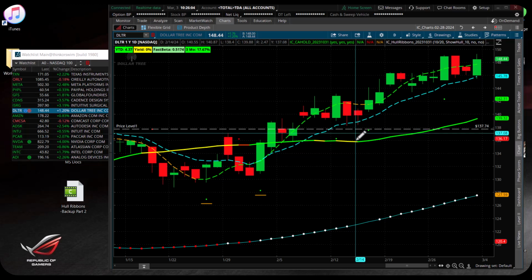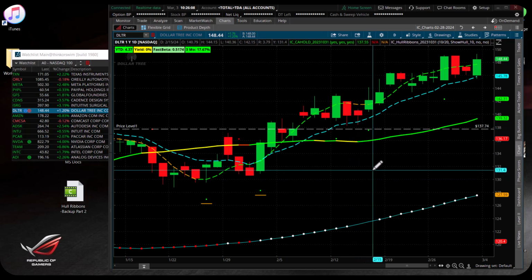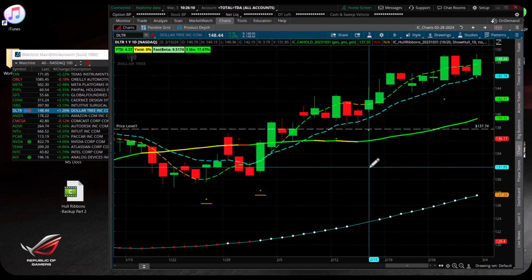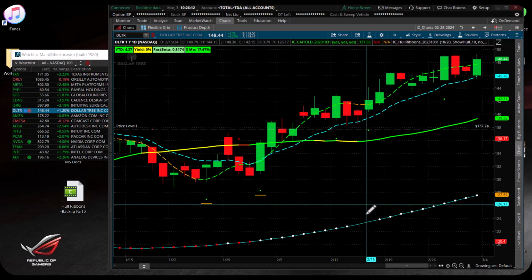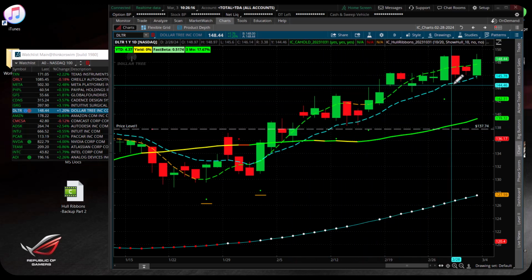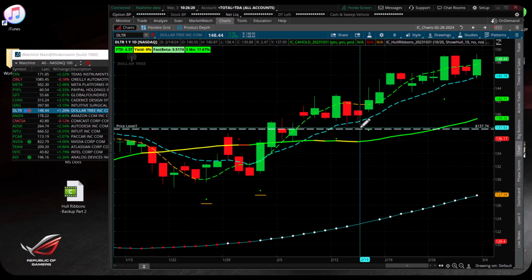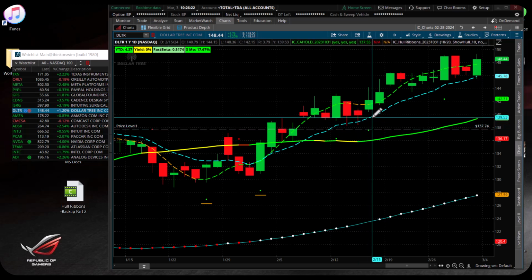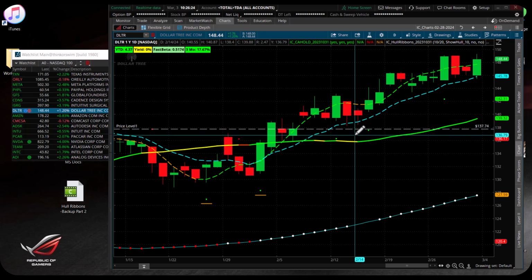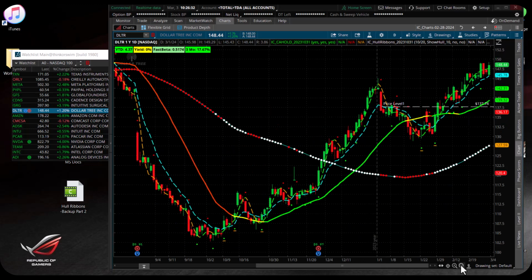So for this little band in here, for this one here and this one here, we missed 2 bars where they were in phase 4. We did not get out. Strong trend. The price bounced off the 10-day EMA and kept on going. If it closed below the 10-day EMA, that would have been phase 5. If it closed there, we would have got out, but it never did. So that's the essence of the posture.